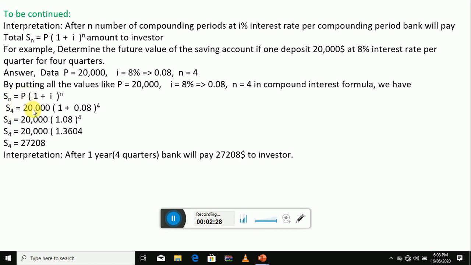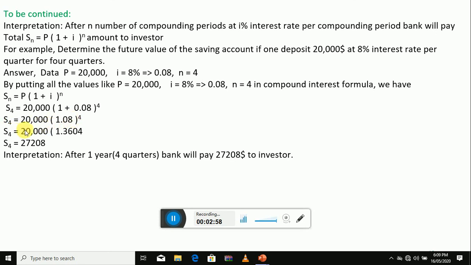Principal investment, that is $20,000, 1 as it is plus interest per quarter 0.08 whole raised to the power number of quarters 4. S4 is equal to $20,000 as it is, (1 plus 0.08) raised to the power 4 is equal to 1.08 raised to the power 4. We will add 1 plus 0.08, so we will find 1.08.